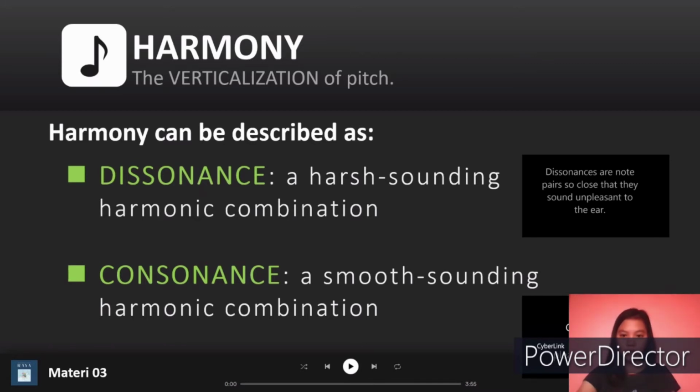While sa dissonant harmonies naman are a combination of pitches in a chord which are relatively harsh or grating. So dissonance is a harsh sounding harmonic combination, while consonance is a smooth sounding harmonic combination. So pakinggan natin kung ano nga ba yung tunog ng dissonance at consonance.